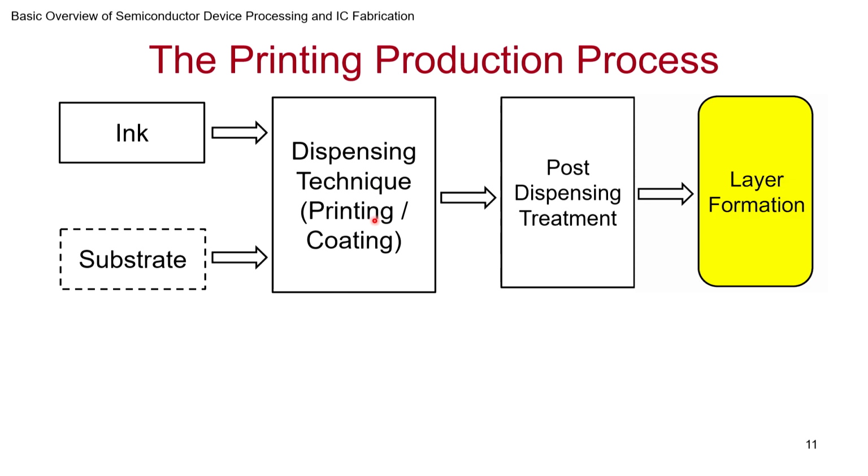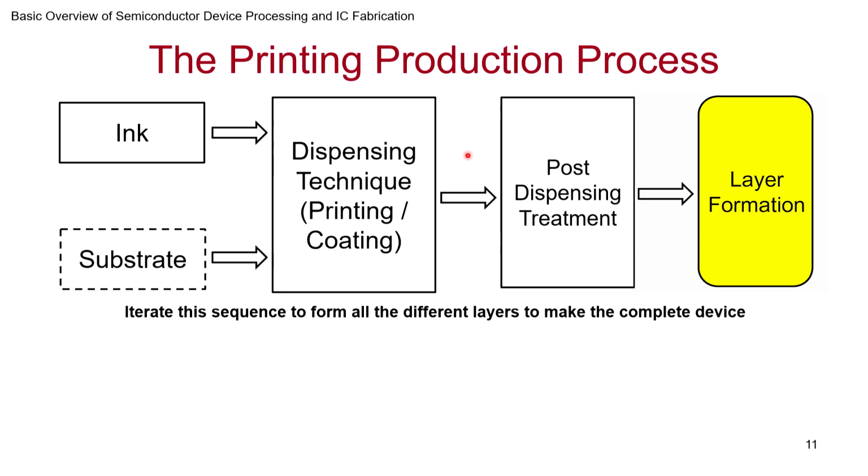And once this is done, you do the post dispensing treatment. Often you have to do some drying, sintering, curing or annealing depending on what you want. And then once that is done, the layer is formed as you desire. So a lot of chemistry and physics and chemical engineering is involved in this.